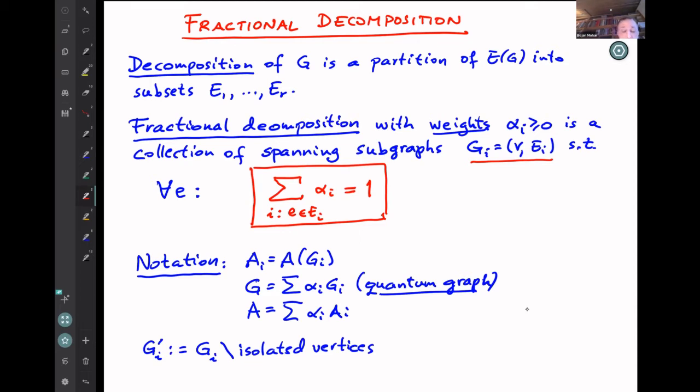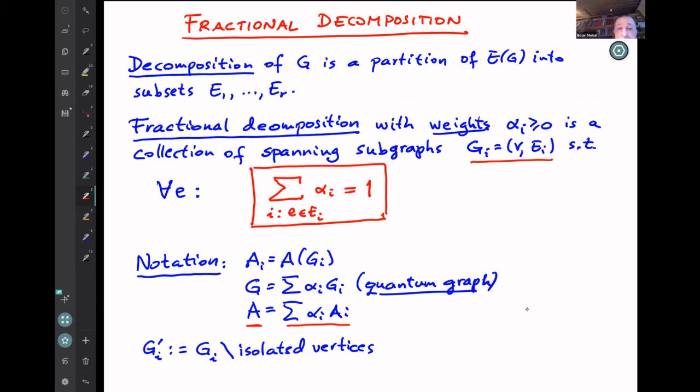It's a notion that many people from this seminar investigate with respect to walks in graphs. But anyway, you can call this a quantum graph or a fractional decomposition. And the nice feature of this is that the adjacency matrix of the graph is equal to the weighted sum of the adjacency matrices of these subgraphs.